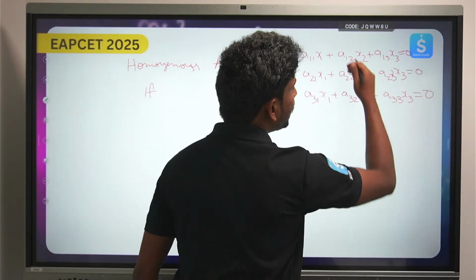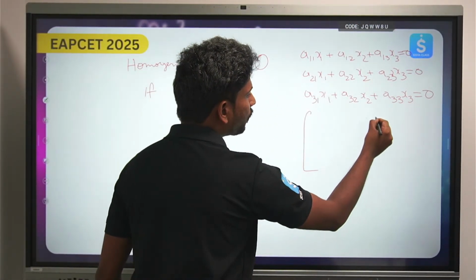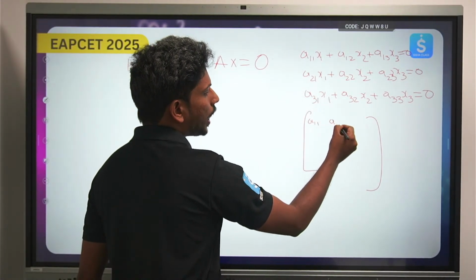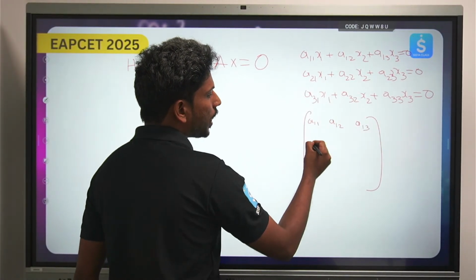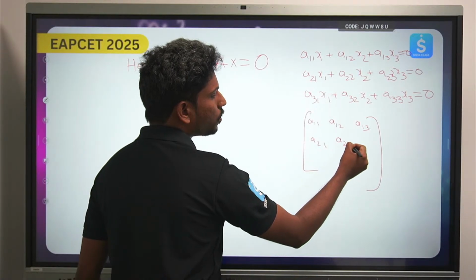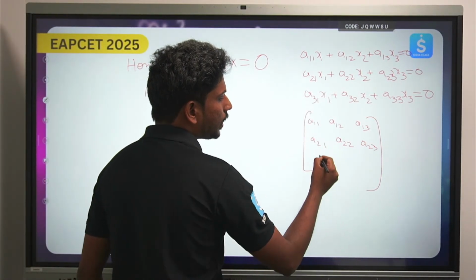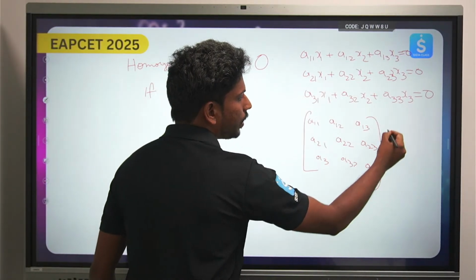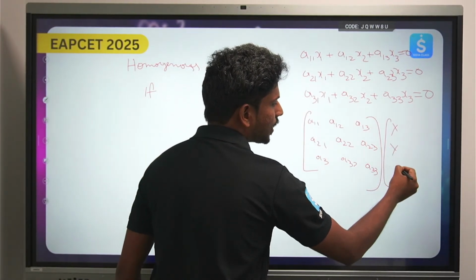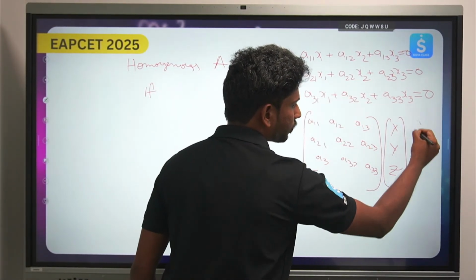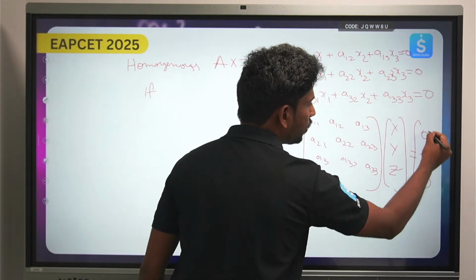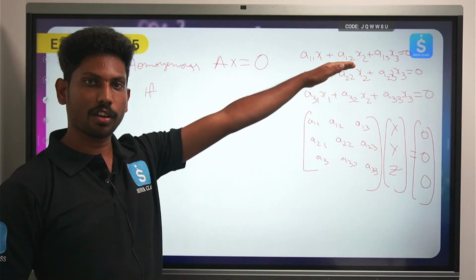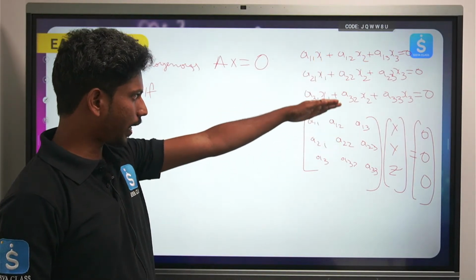So you can write this system of equations in the pattern of taking all the coefficients of the variables, that is A11, A12, A13, A21, A22, A23, A31, A32, A33, and you can take this as x, y, z equals 0, 0, 0. If you do the matrix multiplication, you will again get this same equation itself.